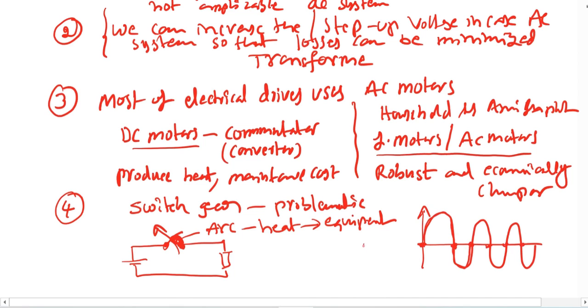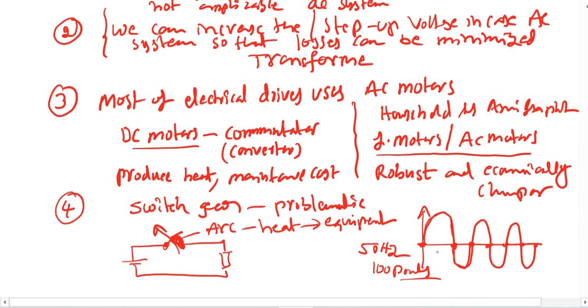Suppose it is a 50 hertz sinusoidal signal, it has 100 points coming to 0 for a 50 hertz cycle. So if my switch is very efficient, it can easily open, and this arc extinguishing can be done easily if you use the AC system.